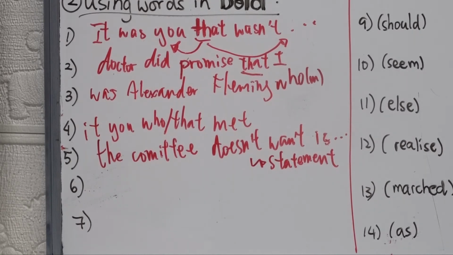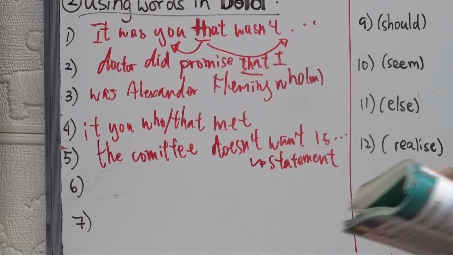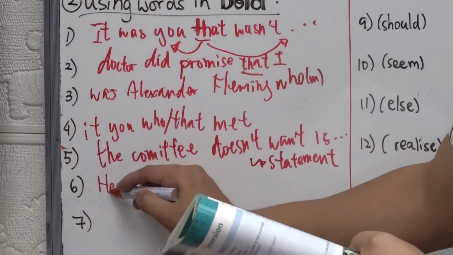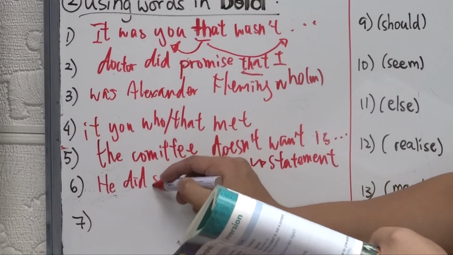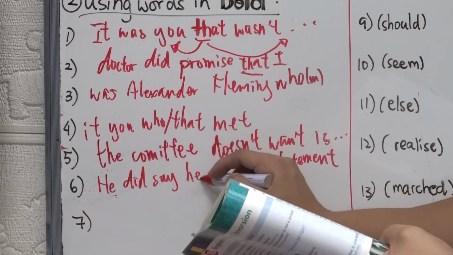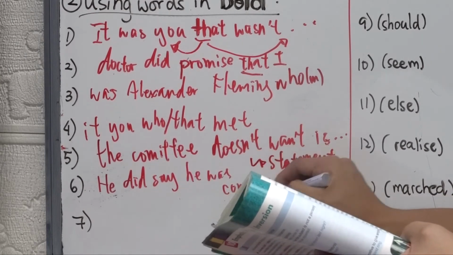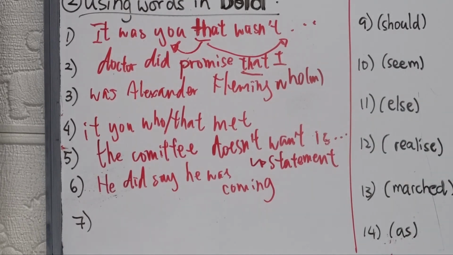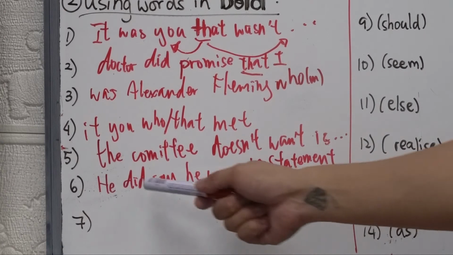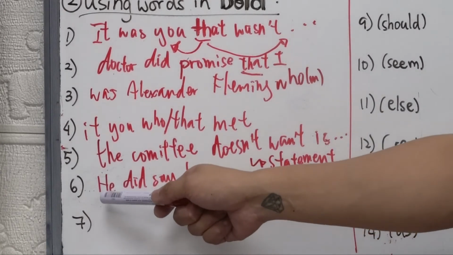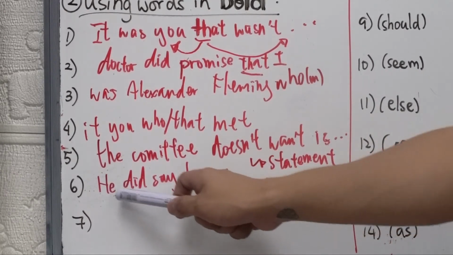So what is the emphasis there? "Did," right? So he did say. He did say he was coming, okay? So as far as you know. "Did" means the person who is speaking, not really "he."